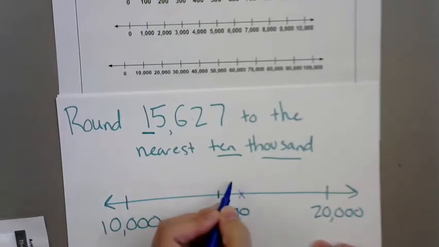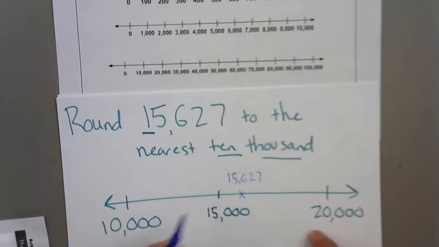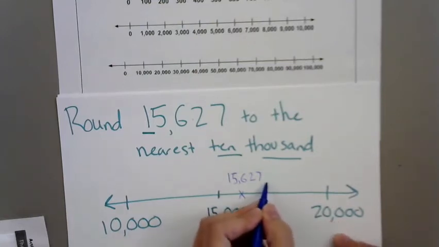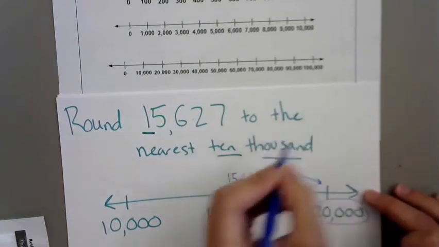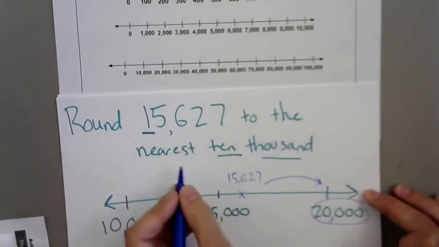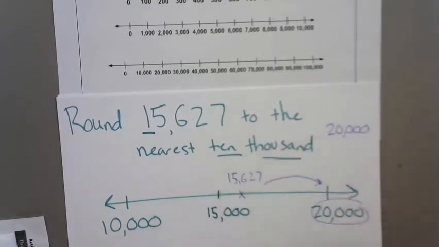So it's a little bit over to this side of 15,000. And because this number is greater than halfway between these two rounding options, we're going to round up to 20,000. And 15,627 to the nearest 10,000 is 20,000.